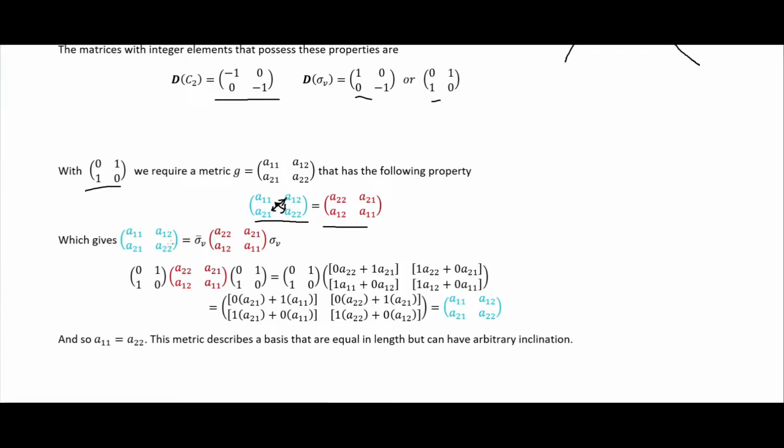And so we can see that if this is true, then if we take the conjugate of this red one here, which is what I'm doing in all of this right here, then we get this blue one.